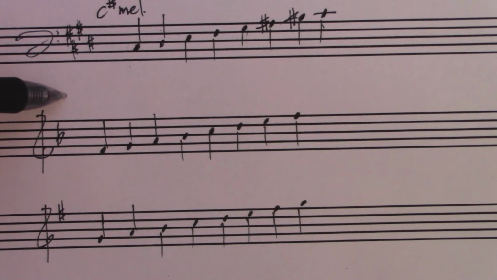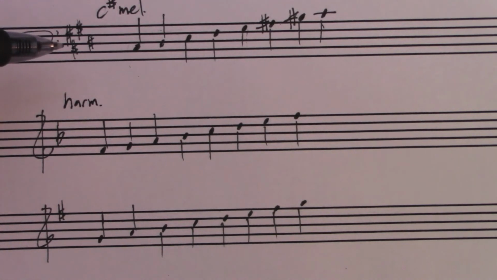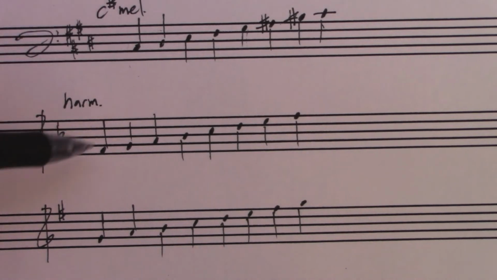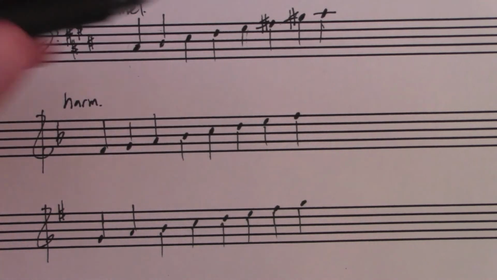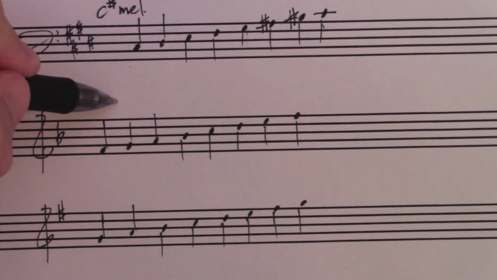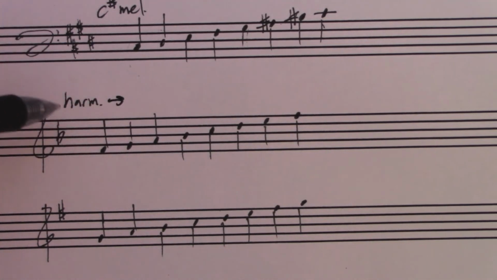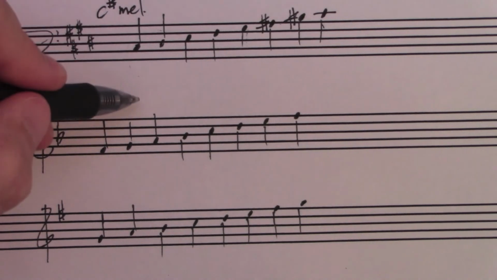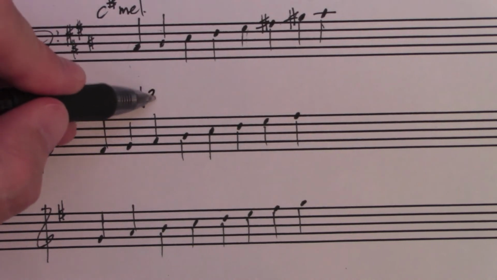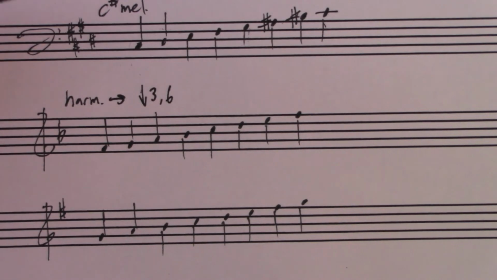Well, what if we want to make it harmonic minor? Well, harmonic is natural minor with a raised 7th, but this is major, so... Oh! If you're coming from major... Now, these are two different things, and I really don't want to confuse you, so pay attention to what's going on here. You will lower 3 and 6.